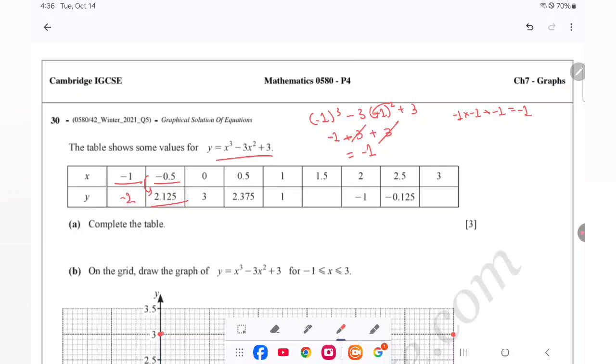So it will give you negative 1, and by putting x is equal to 1.5, cube minus 3 times 1.5 square plus 3, it will give you the value of 0.37 something.